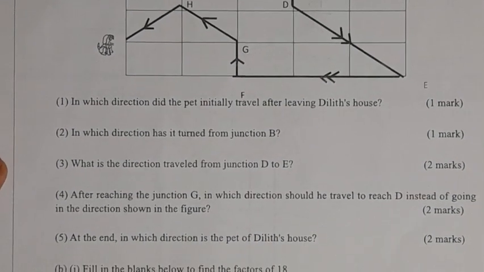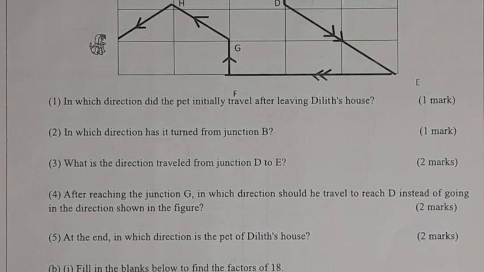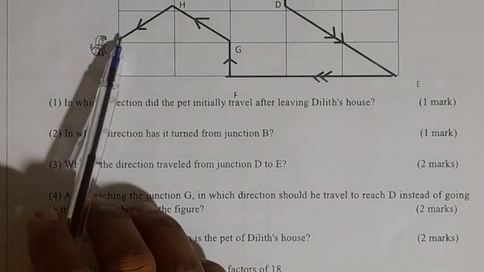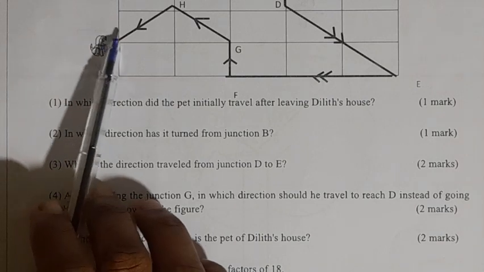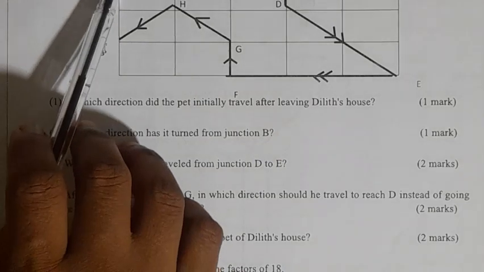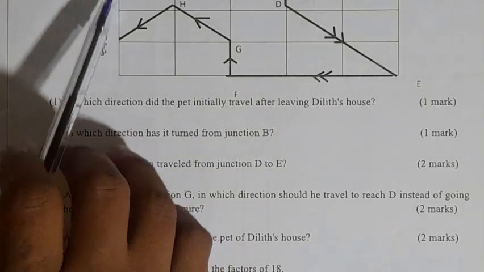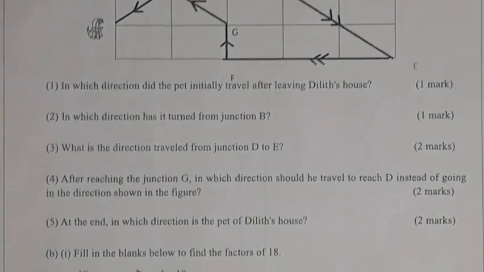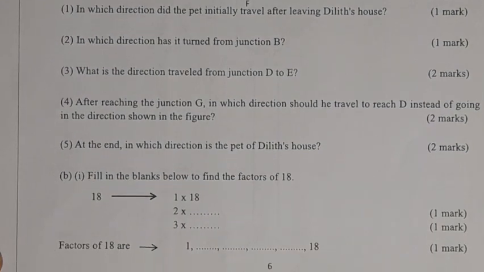Number 5. At the end, in which direction is the pet from Dilith's house? Here, the pet is in this position now. So, from Dilith's house, it is the south direction. Then B part.